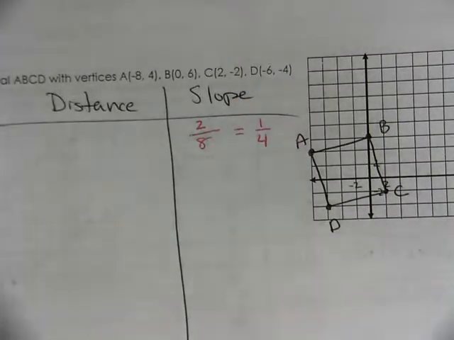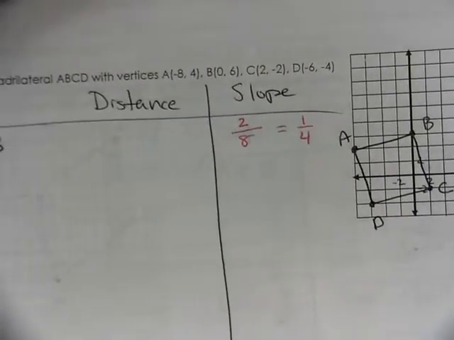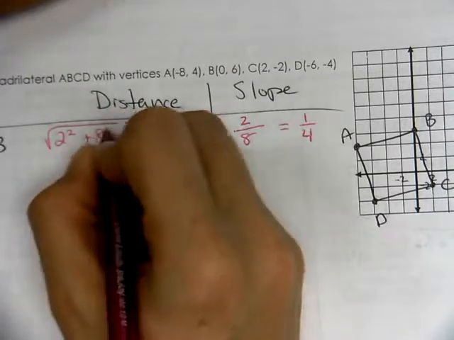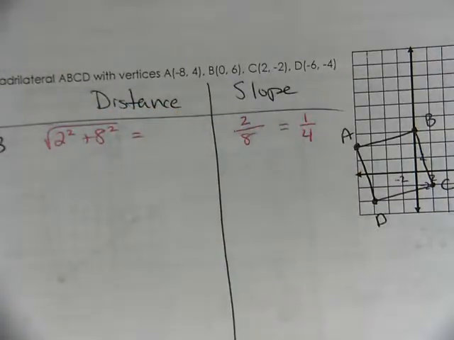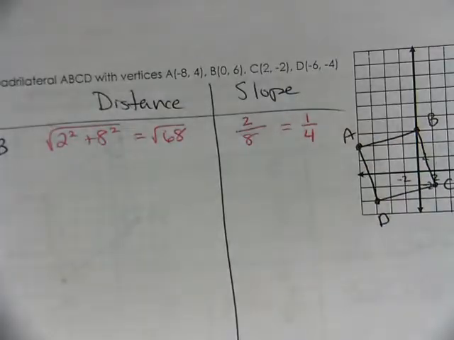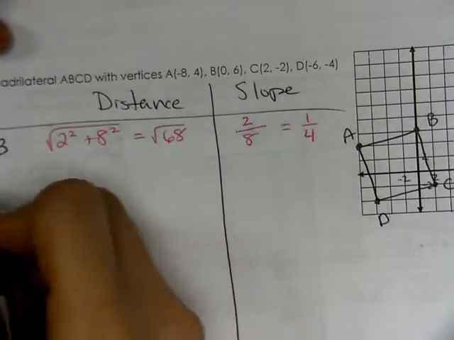Again, take your non-reduced answer, make that your distance formula. So distance here is the square root of 2 squared plus 8 squared. Which gives me what? Square root of 68. Close. Somebody last hour said 70.